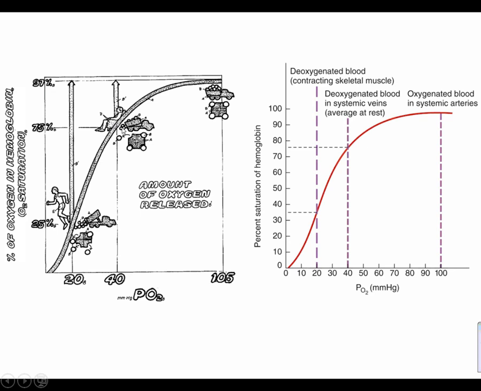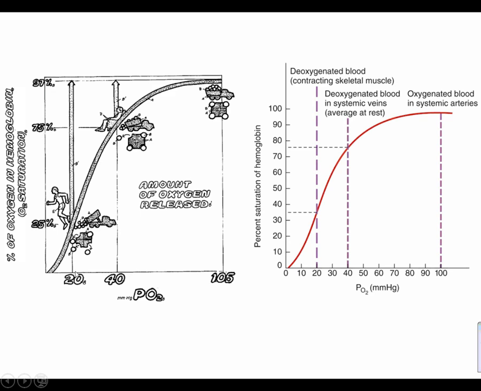Remember how I said the other day I don't like the term deoxygenated blood? Right now, you guys are all at rest, and blood is coming back to your heart still 75% saturated with oxygen. That doesn't sound like deoxygenated to me, does it? Or to you? Okay. What about when we exercise?